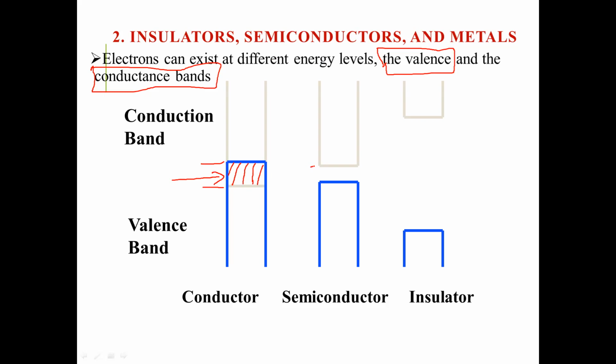Then for a semiconductor, there is a gap between the valence and the conduction band. This gap is where we should supply energy to electrons so that they can jump into the conduction band and start participating in the movement of charge and hence cause conduction.